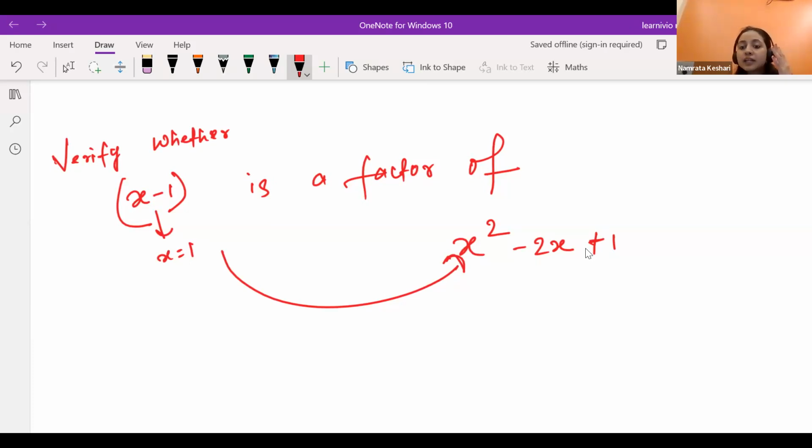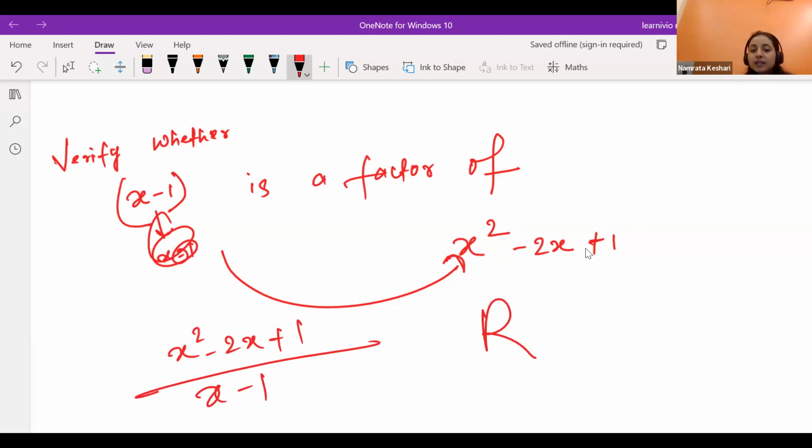The remainder theorem is that important. Check whether it's a factor or not means if we divide x square minus 2x plus 1 by this polynomial, if the remainder is 0 then yes, it's a factor; if the remainder is not 0 then no, it's not a factor. How will we find the remainder?